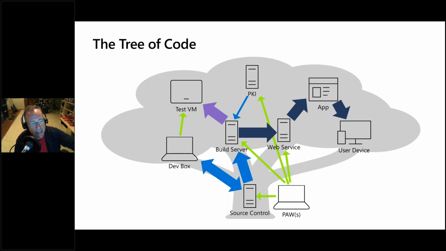So one really key separation is to get their dev box and their test infrastructure separated by a VM boundary. So getting to the point where I'm actually doing that regular modification in a test VM.